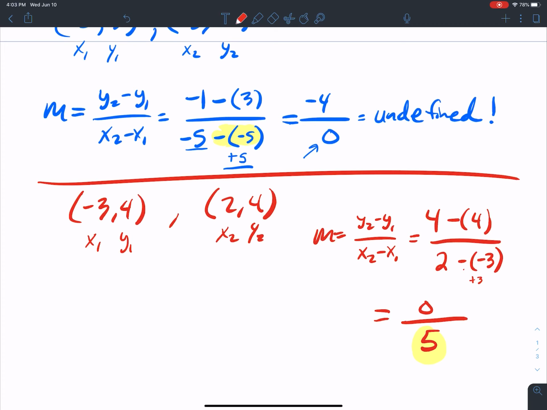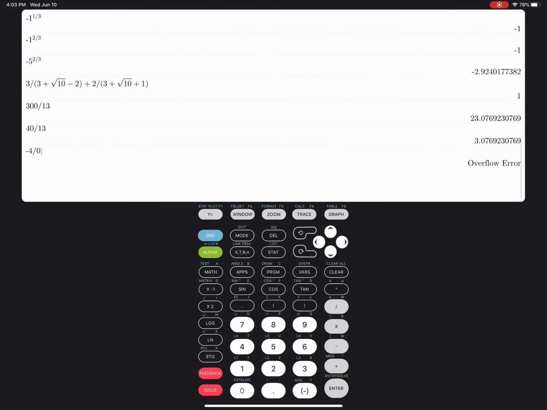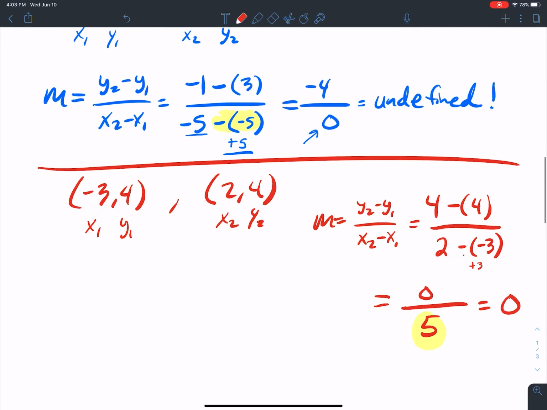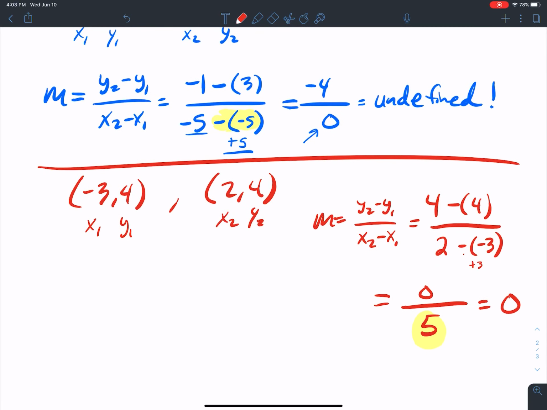Guys, if you don't know, check it out in your calculator. 0 divided by 5. It gets me so frustrated when I see students mix this up. They put undefined here. It's not undefined. It equals 0. Okay? You're not dividing by 0. You're dividing by 5. Think of it this way. If I split nothing up 5 ways, how much does everybody get?